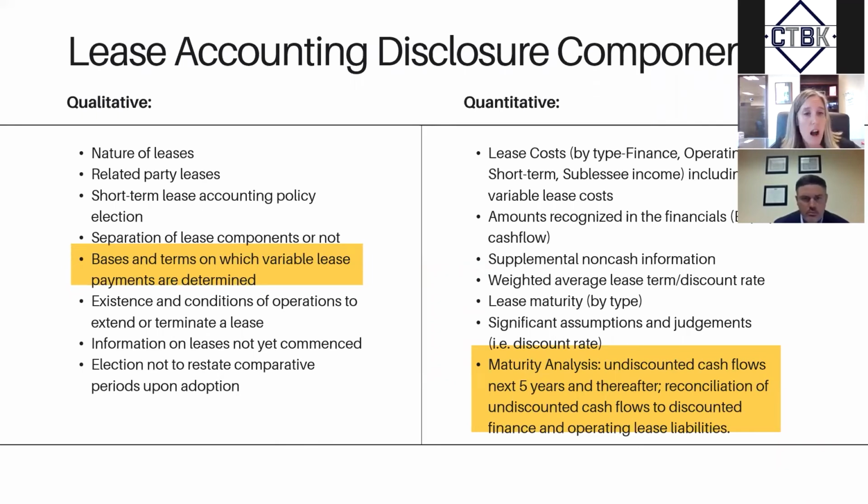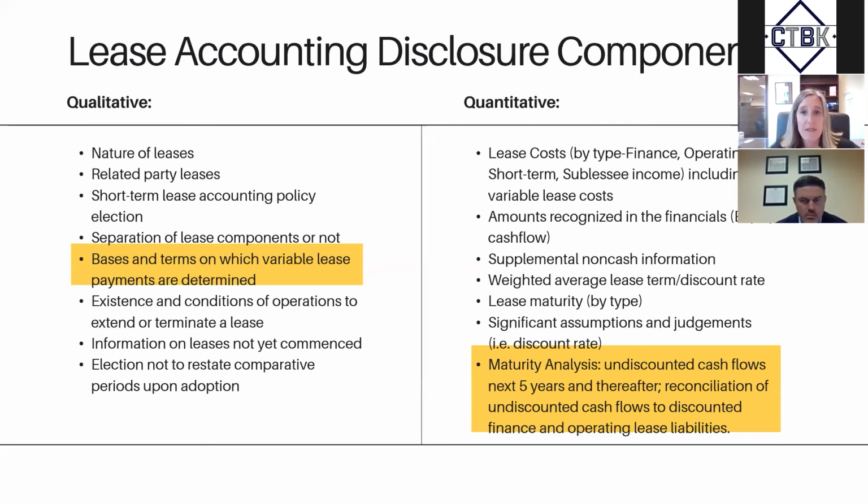Also whether you're separating lease and non-lease components. Again, we suggest that you do not separate those, just for ease of putting together your lease calculations. And whether you're going to restate comparative periods upon adoption, so are you going to go back to last year and adopt it for that comparative period, or are you just adopting it for the current year and the prior period is unchanged?